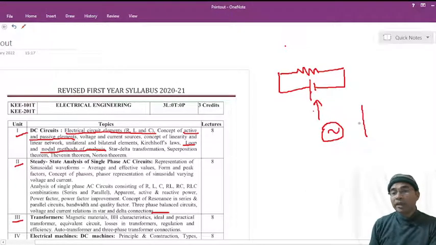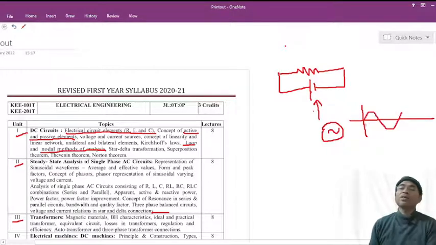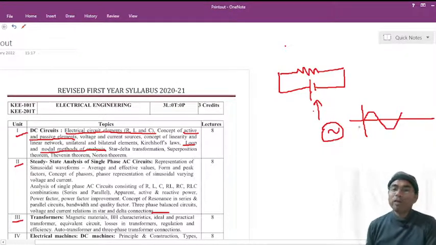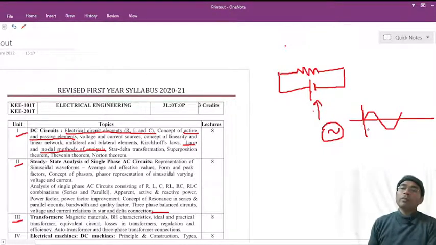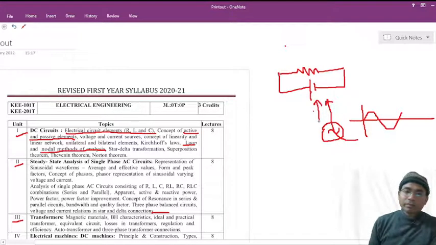Then in the second unit, we will see the effect of this time varying source, whose magnitude and direction change with respect to time. Then what will happen if this time varying source or periodic source is applied across RLC elements? That will be covered in this second unit.